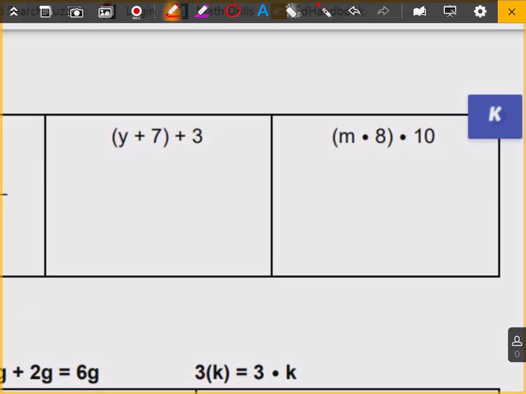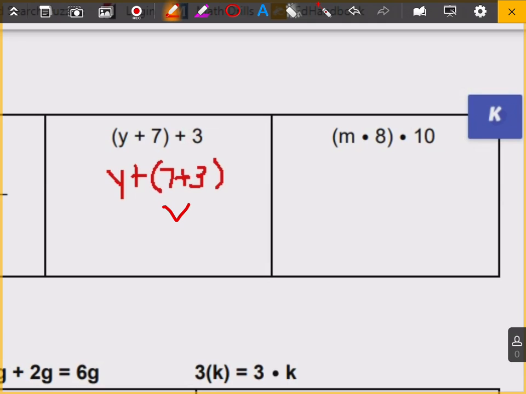Moving on over to these last two examples of associative property, we have the value of y plus 7 plus 3. We cannot combine those, so we're going to move our parentheses. So we're going to have y plus parentheses, and I'm going to combine the 7 plus 3 in there.